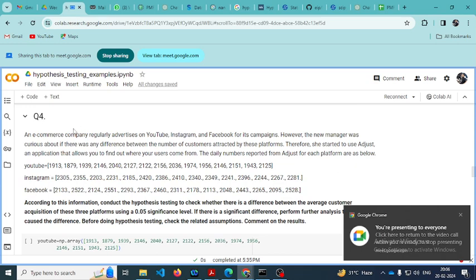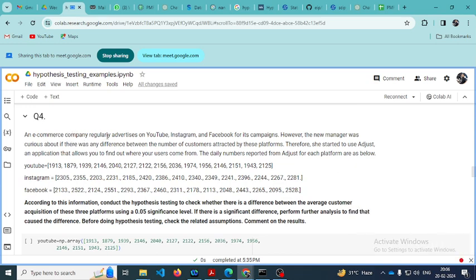The next problem: an e-commerce company regularly advertises on YouTube, Instagram, and Facebook for its campaigns. However, the new manager was curious about whether there was any difference between the number of customers attracted by these platforms.